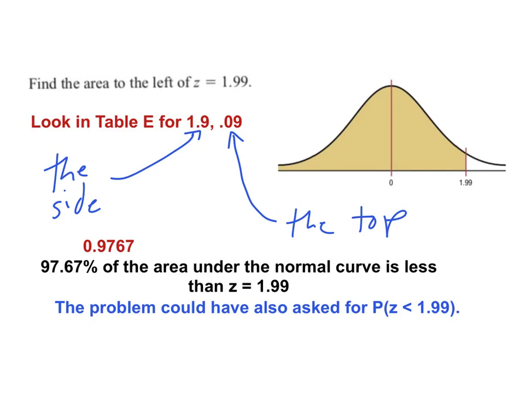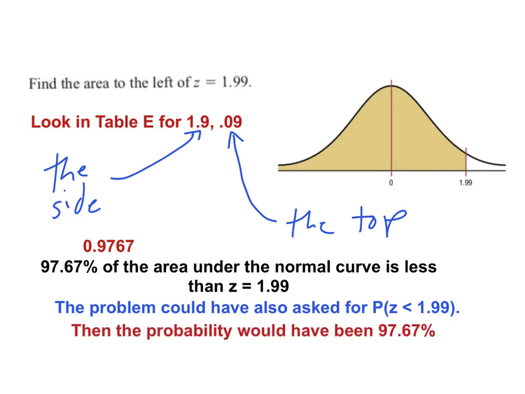The probability is 0.9767 or 97.67%. So we can apply the normal distribution to probability experiments if it's a normal situation, which we will talk about later on in this chapter. So then, like I said, the probability would have been 97.67%.